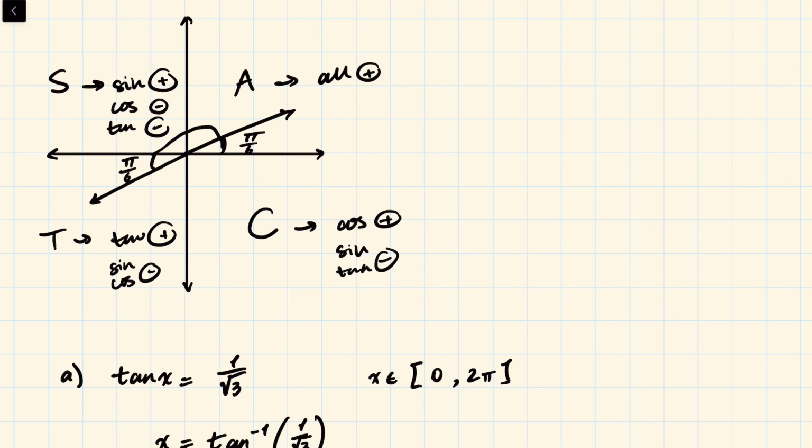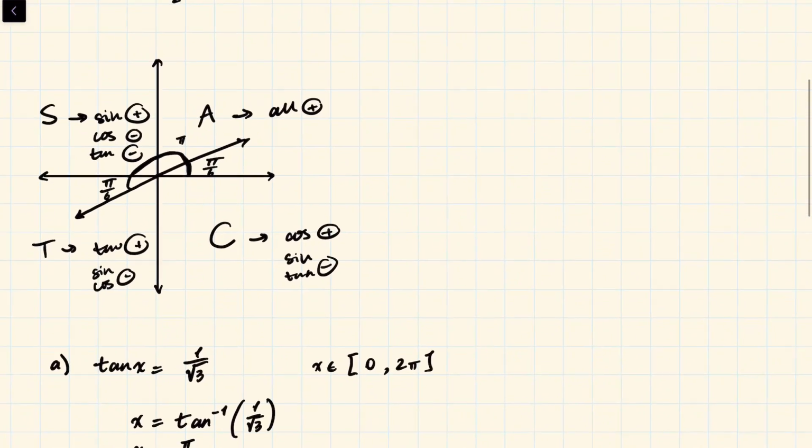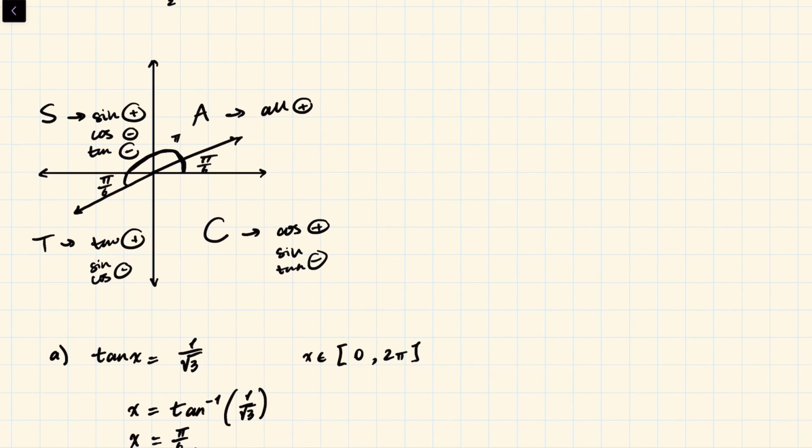But we've got to add this remaining part, and that remaining part is just pi, right? Because pi is kind of like a half of a rotation. Okay, so let me just get rid of that.